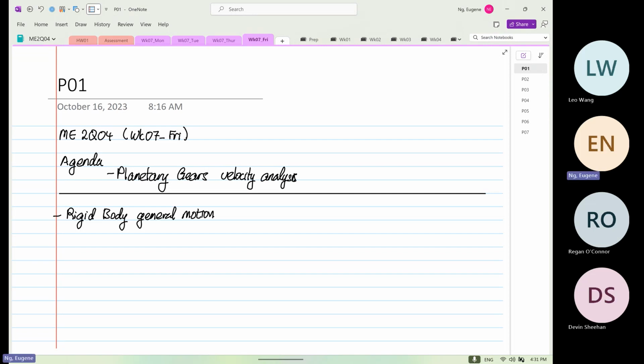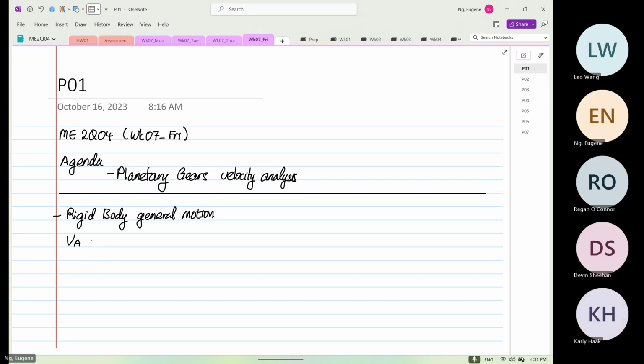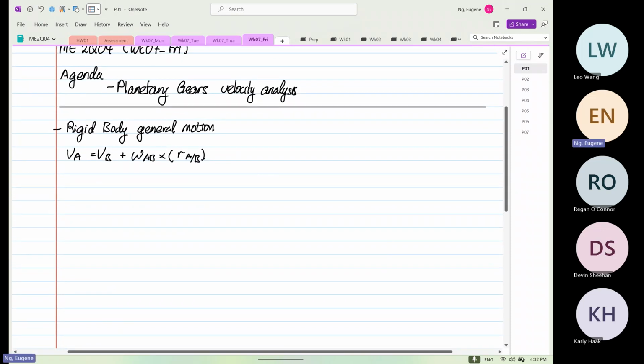So the formula that we're going to apply is still the same: VA is equal to VB plus omega AB cross R A from point B. So the formula is still the same.